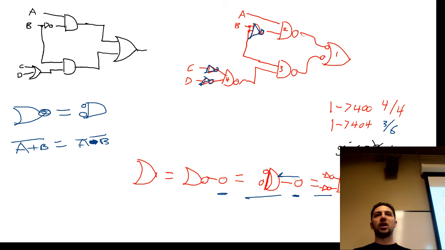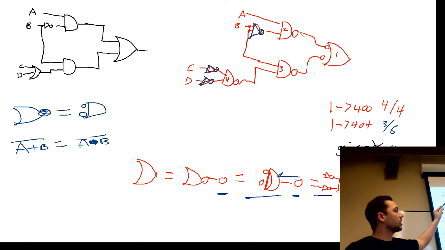So I could use one 7400 to make that happen. Or, for the sake of my sanity, I could just use an inverter chip, a 7404. So my chip count now is one 7400, which uses 4 NAND gates out of 4 NAND gates, and a 7404, which uses 3 out of 6 inverters.